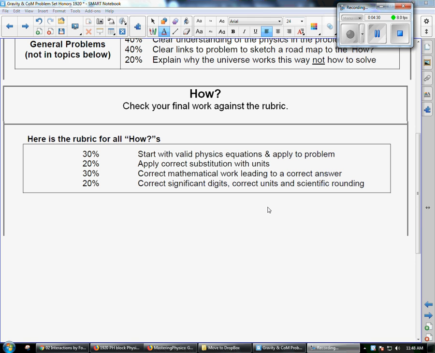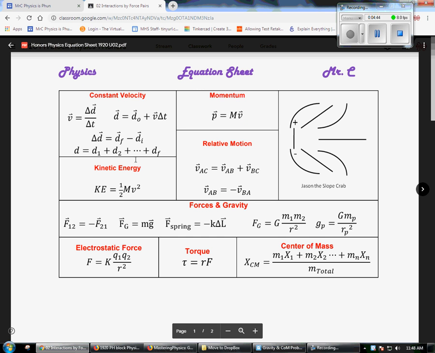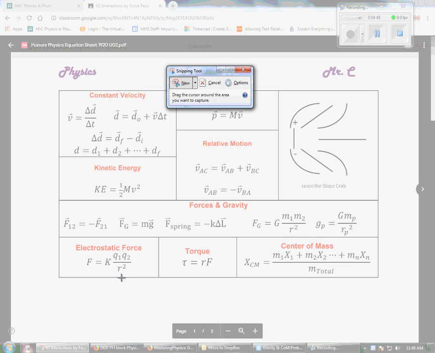All right, so now I'm on to the how. I've created monsters. So I need to start with a valid physics equation. And it's about gravitational force, so I'm going to grab the gravitational force one. Right here.